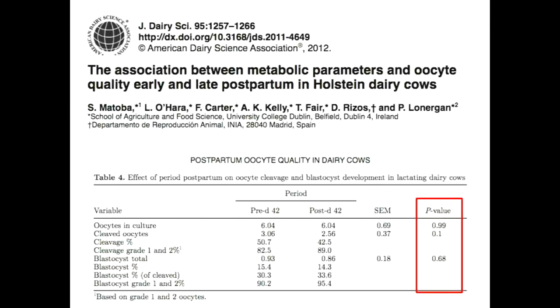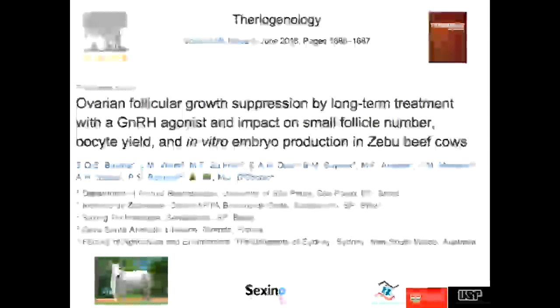This is Patilunican's data, and he found the same as we found in this paper that he published. So this is early postpartum and later postpartum, no effect on oocyte quality, also when he did the IVF in Holstein cows in Ireland, like our data, okay?